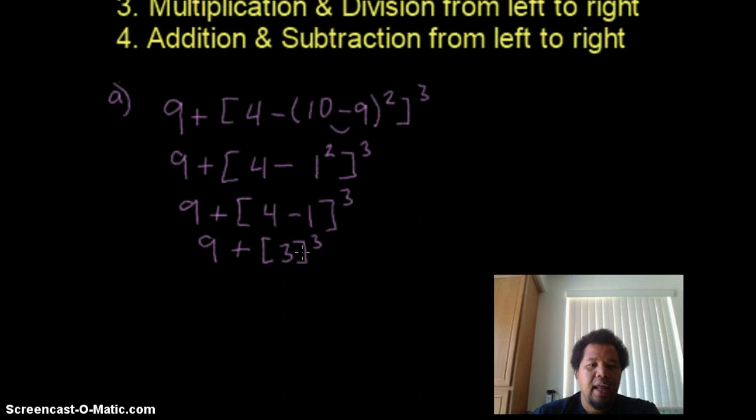Now we have addition and the exponent, and exponents come before addition. So we're going to evaluate this. 3 to the third power is 3 times 3 times 3, which is 27. So we go 9 plus 27, and 9 plus 27 is 36. So this is our first example right here.